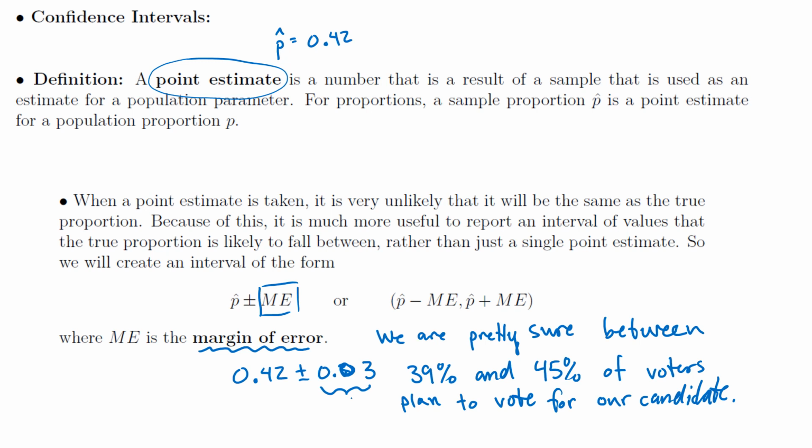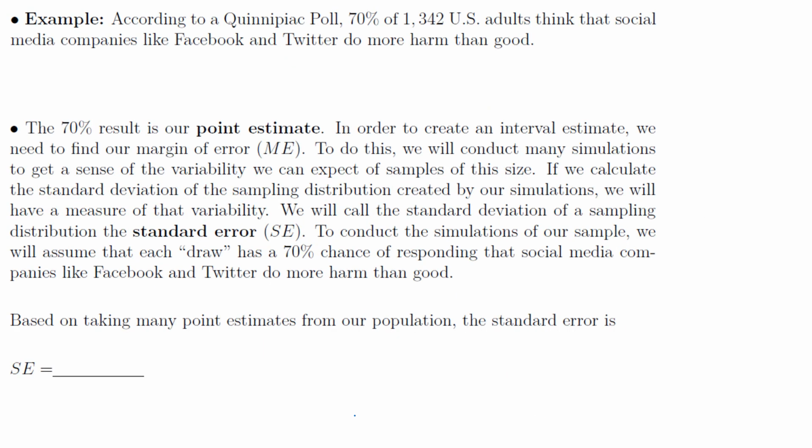So this 0.03 is what we refer to as our margin of error. So that's what we want to be able to do. But in order to do that, we need to think about what is an appropriate margin of error to subtract and to add to our point estimate.